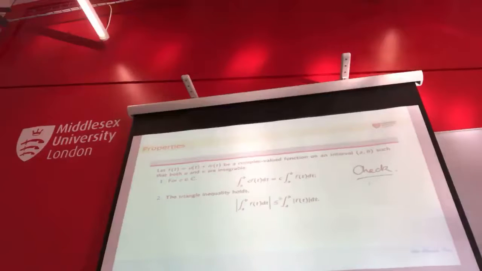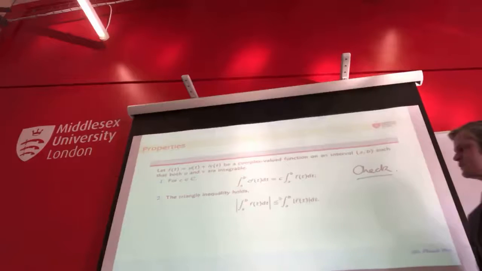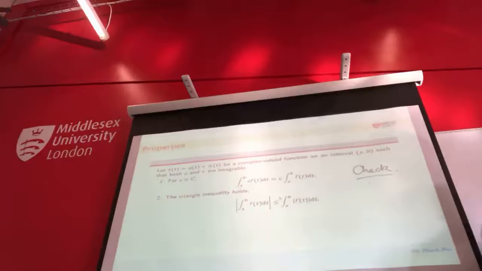Much more important is the triangle inequality. In real analysis you see this used quite a lot, this triangle inequality, and it needs proving for these integrals. So the triangle inequality is this: the absolute value of an integral of a function f of t is less than or equal to the integral of the absolute value.